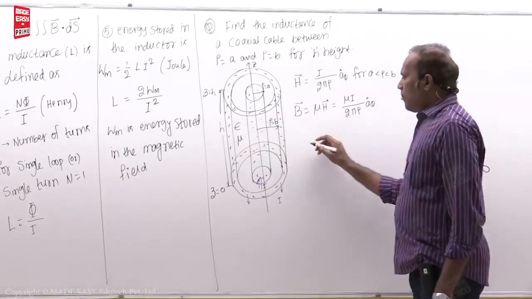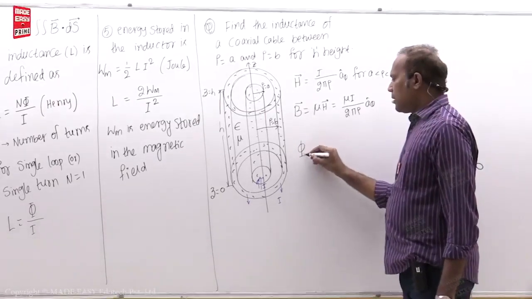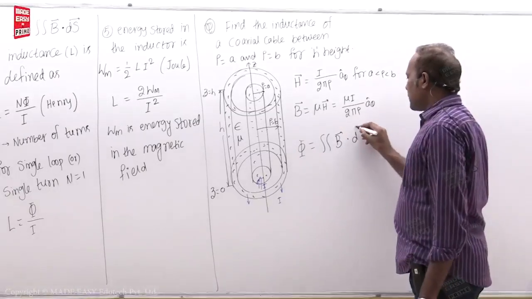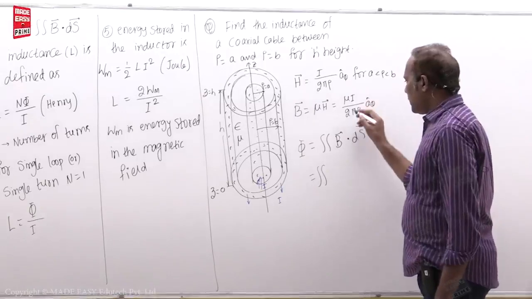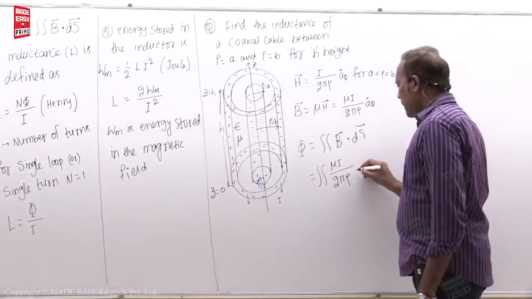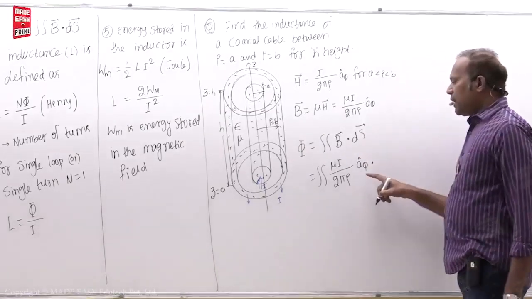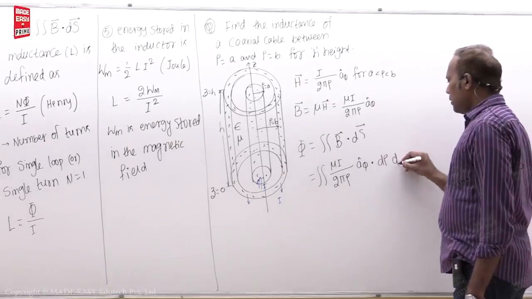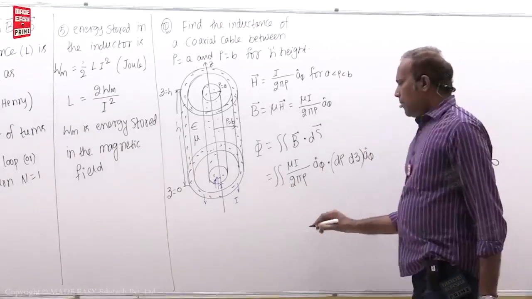So now the magnetic flux crossing the open surface is equal to double integral B bar dot ds bar. Now here B bar is this one, mu into I divided by 2 pi rho a phi, dot, what is ds bar in the cylindrical system in phi direction? That is d rho dz a phi.